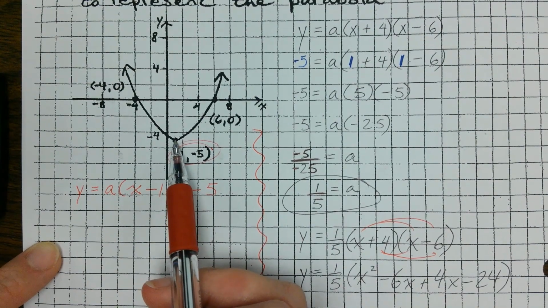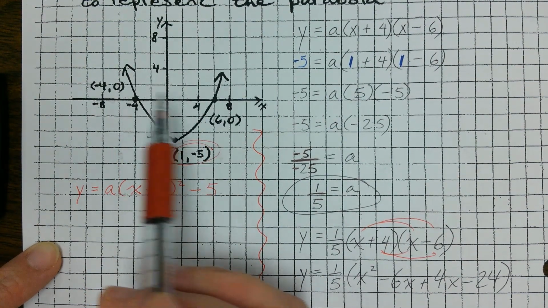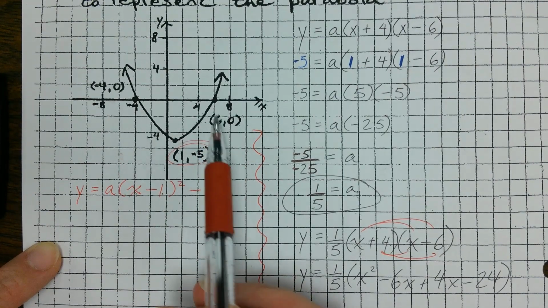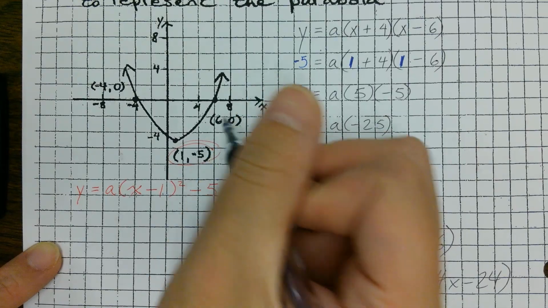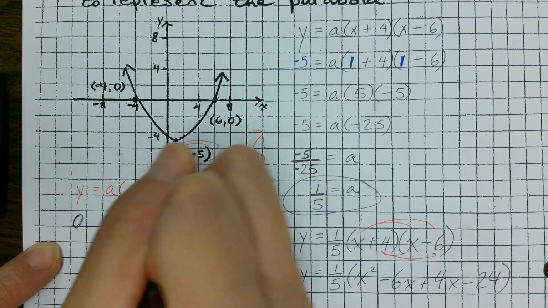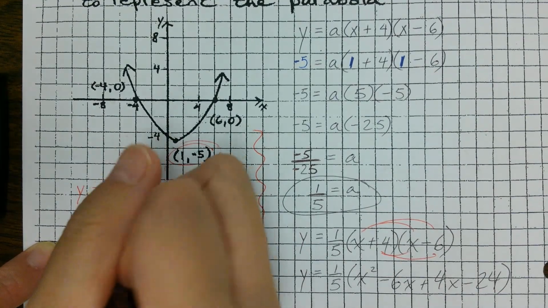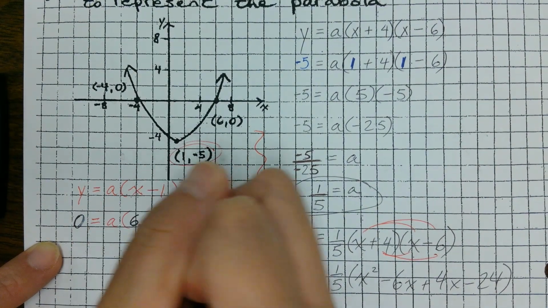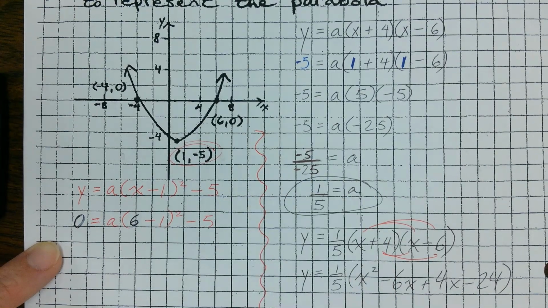Since I use my vertex, I have to use one of the other points. So I could use this one or this one. I'm going to use the 6, 0. Okay, the 6, 0. So this is 0 for y, and the x is 6. 0 equals a bracket 6 minus 1 squared minus 5.